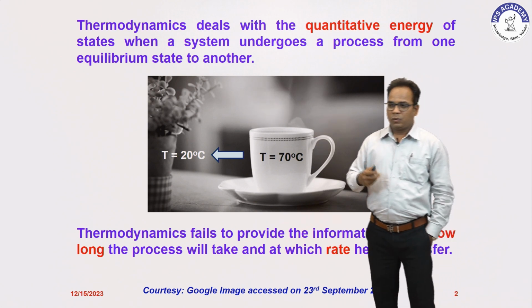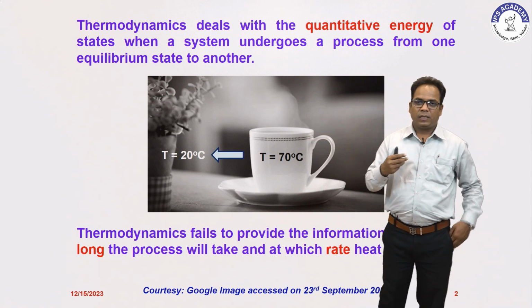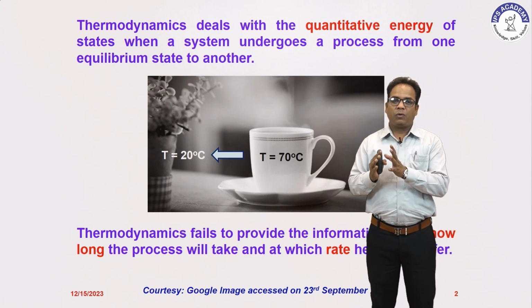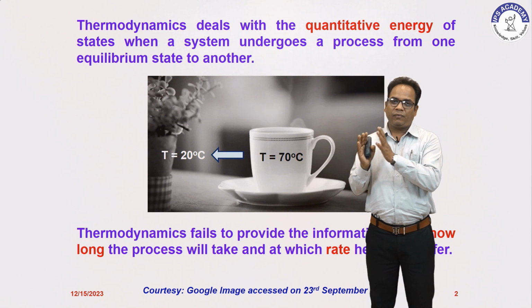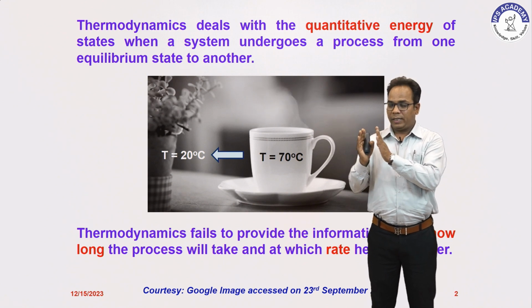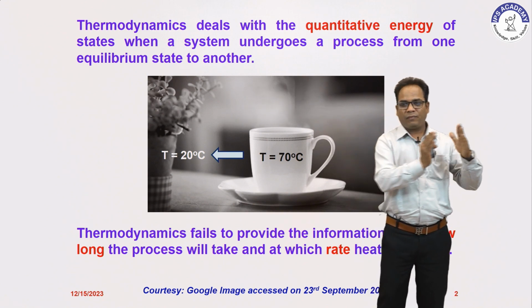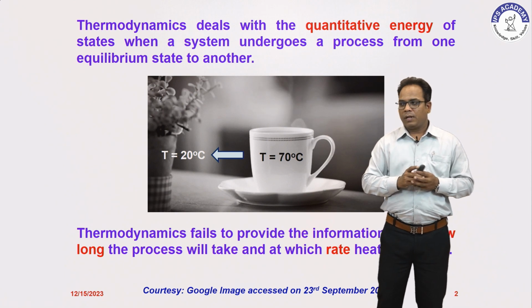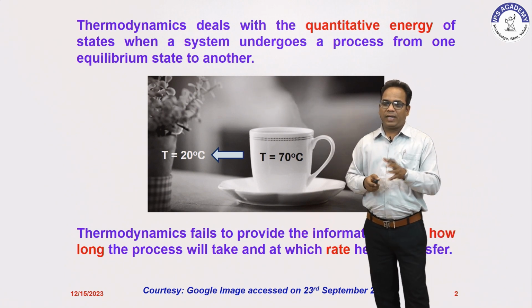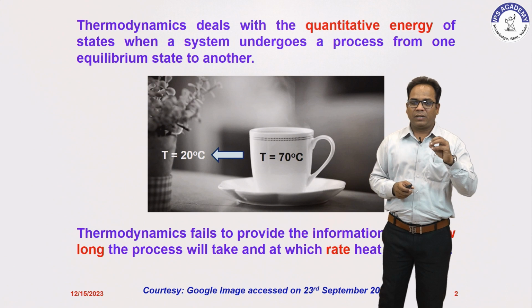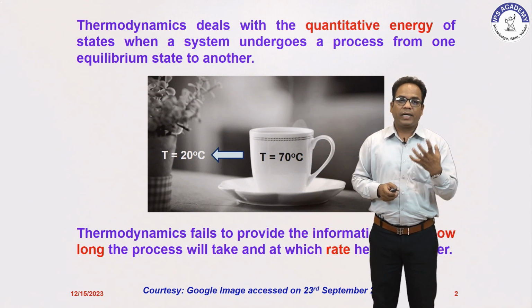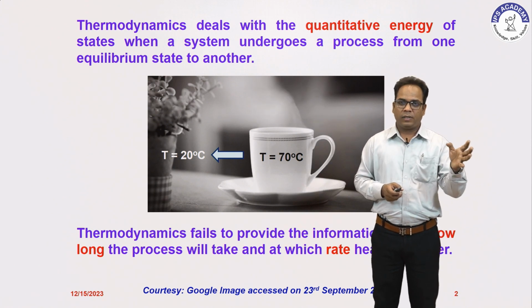In thermodynamics, it tells us the quantity of heat at the initial stage and the final stage. But thermodynamics fails to provide information about the rate at which the heat is going to be transferred, right?